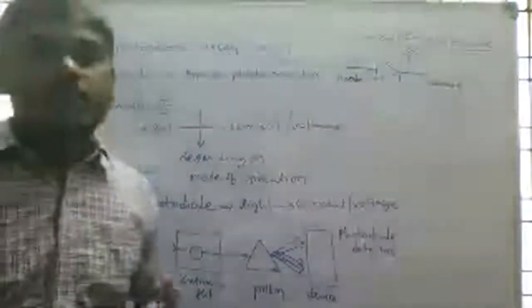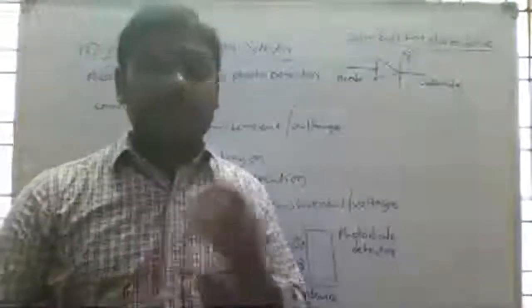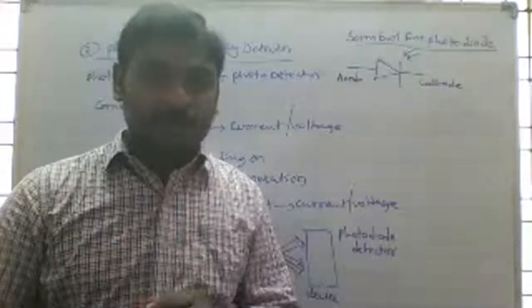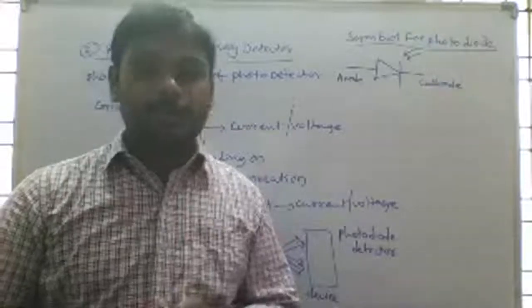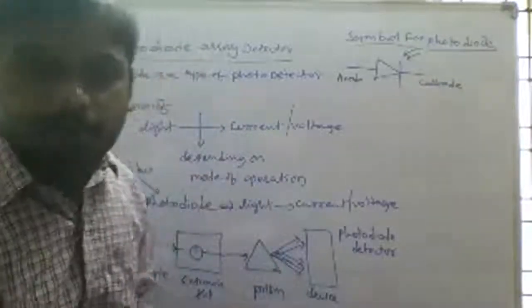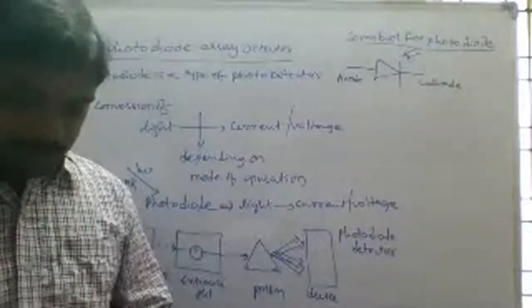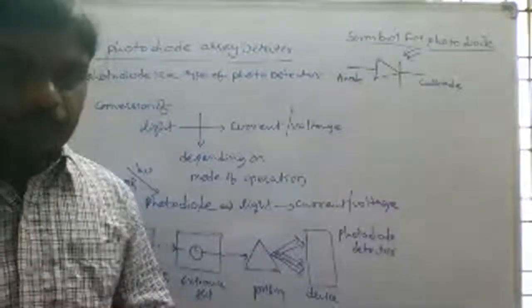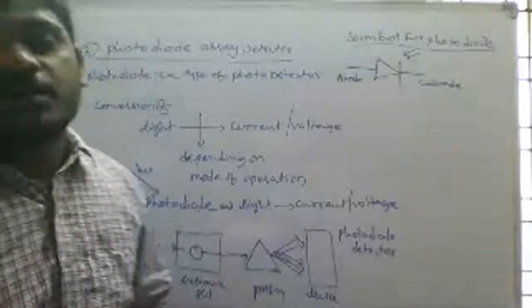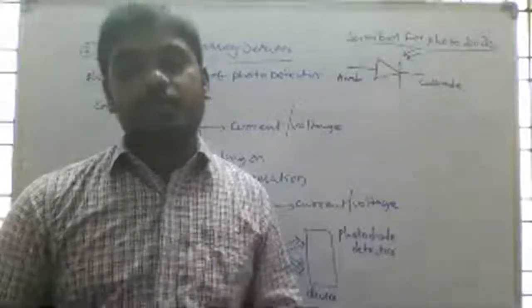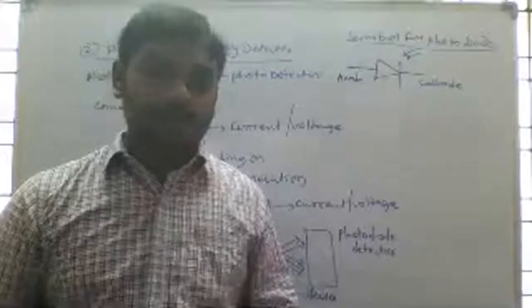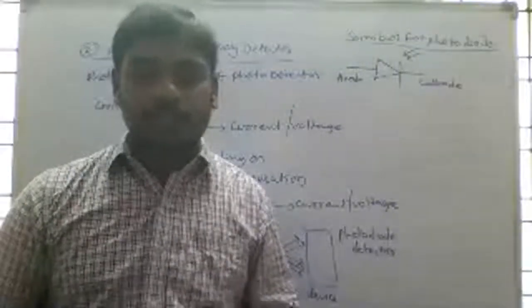Generally, a traditional solar cell is used for solar power production. It is mainly used to generate electrical power and is a large area photodiode.